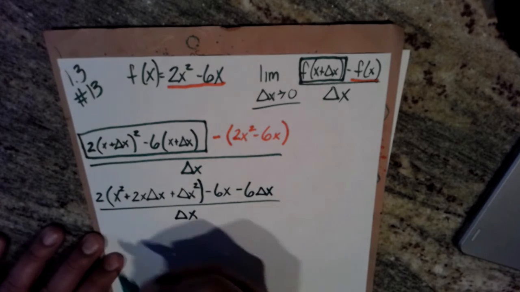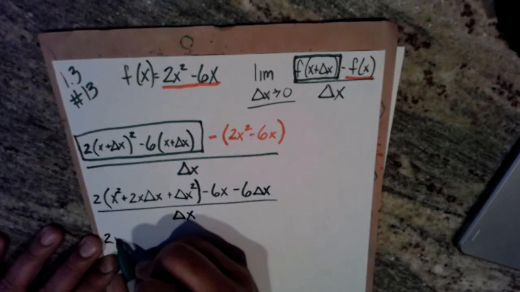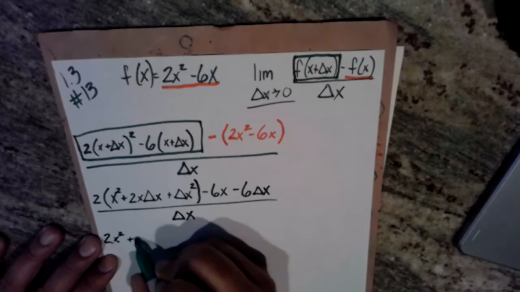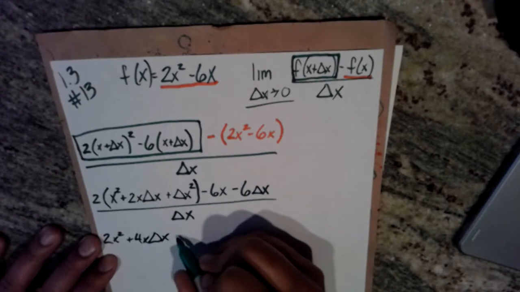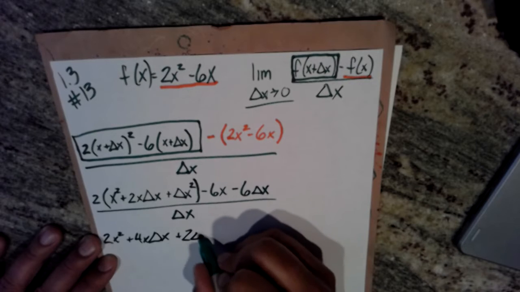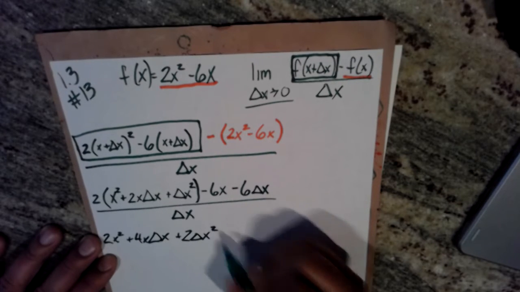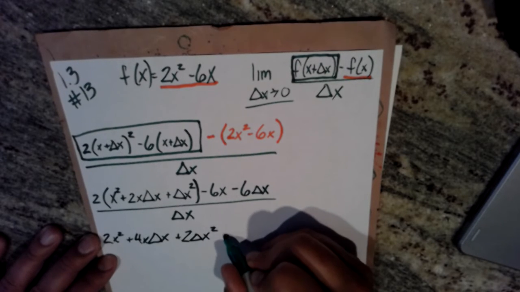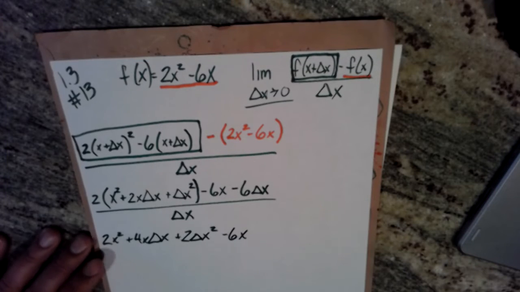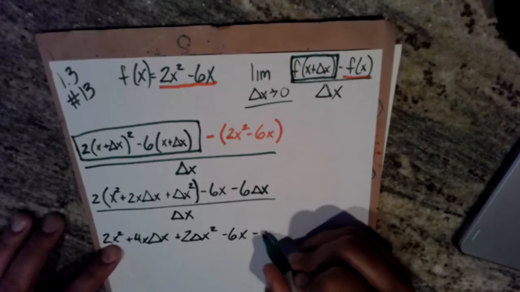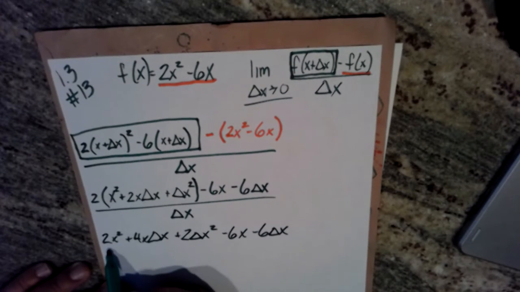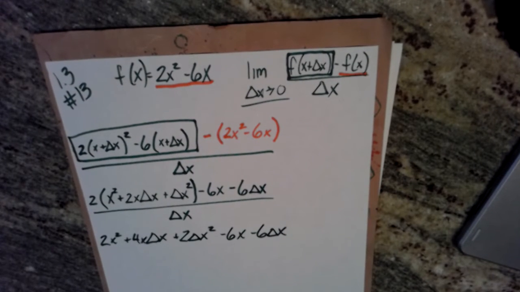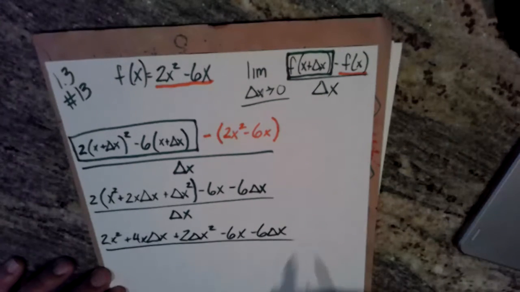Now let's distribute. 2x squared plus 4x delta x plus 2 delta x squared minus 6x minus 6 delta x, all over delta x.